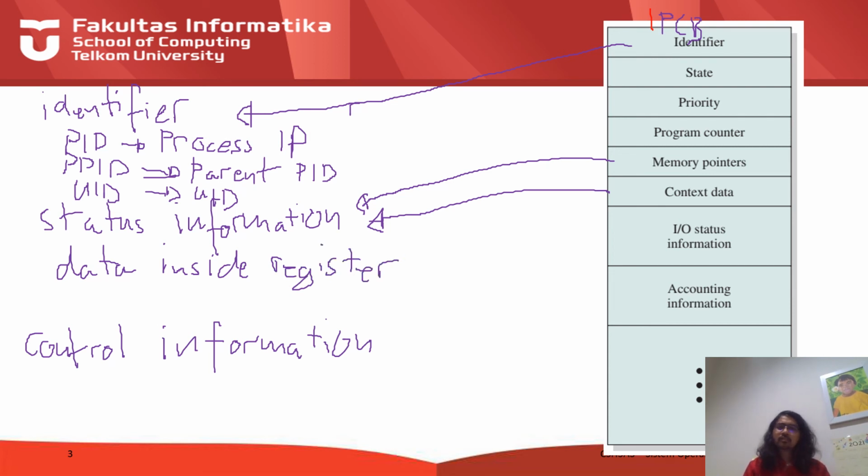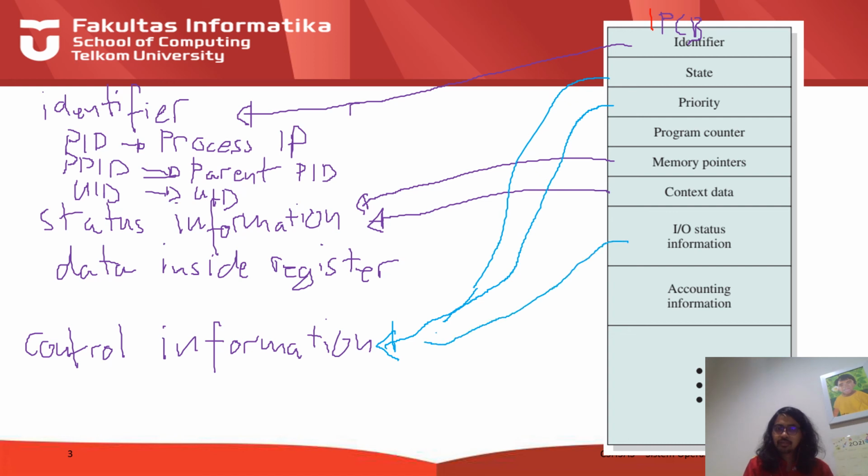And lastly, the control information is anything that regards to the need to control the process. So the state is not a status information, the state is a control information. And the priority is also control information, and the IO status information is also control information, and counting information also the control information.